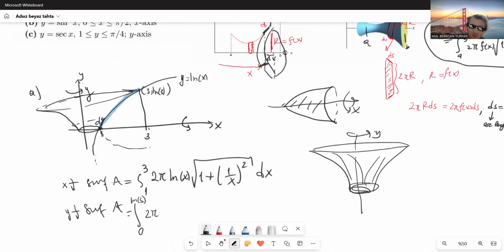2 pi. So what is my function now? It is like e to the power y, right? y equals ln x means that x is equal to e to the power y.